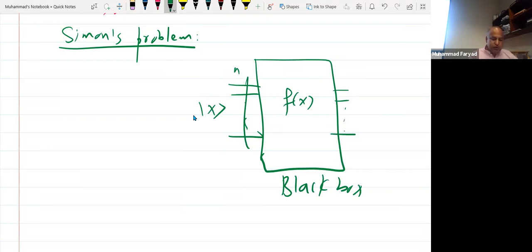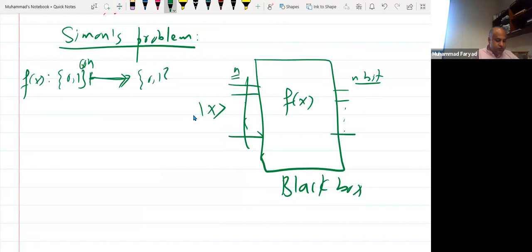In this case, we are going to assume that if the input is n-bit, the output is also n-bit. So it's not a function that we previously used in the Deutsch-Jozsa and Bernstein-Vazirani algorithms. It's a different function because it maps an n-bit state to an output which is also an n-bit state.